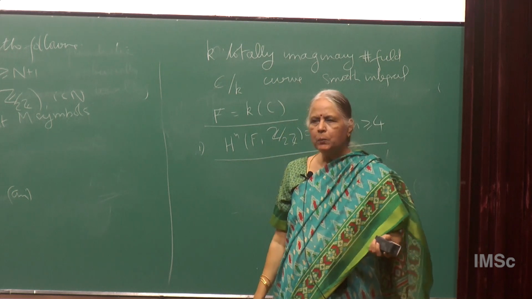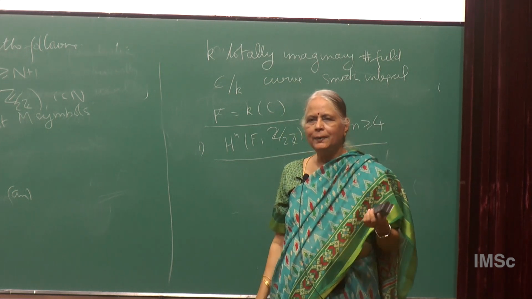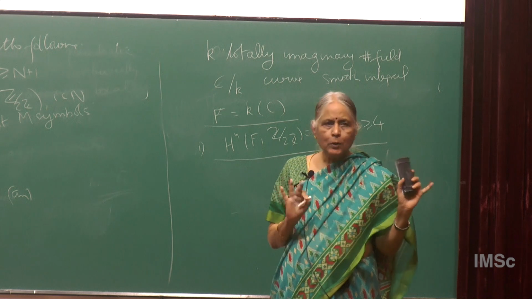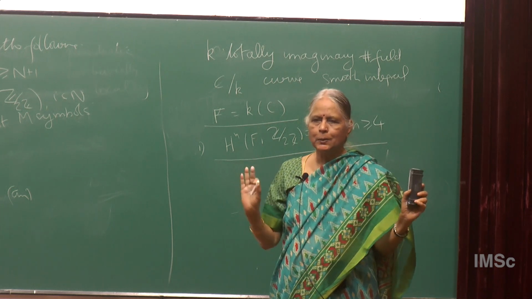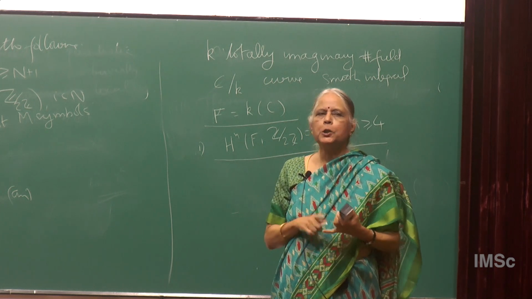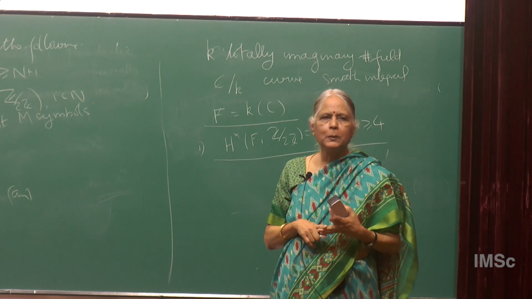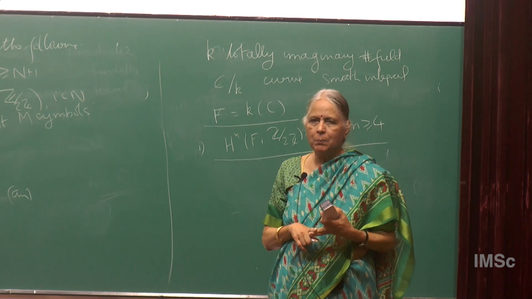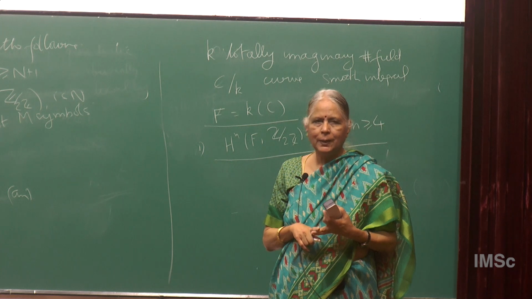So what are the groups we have to bother about to have finite symbol length? H1 is always a single symbol, right, because it's just the class of an a. H2 and H3 are the only two groups for which we have to bound symbol length. Clear?